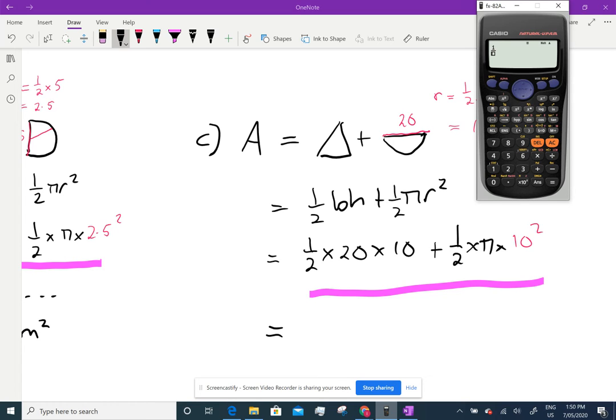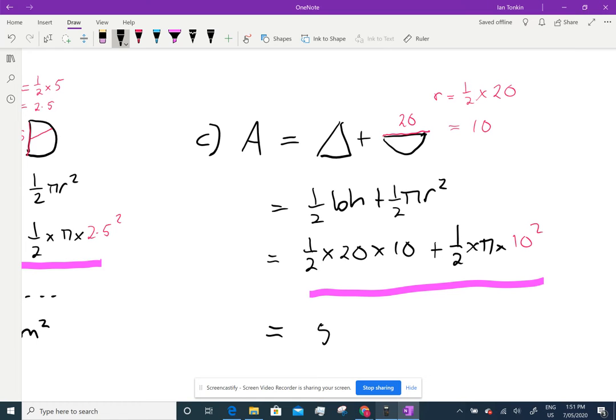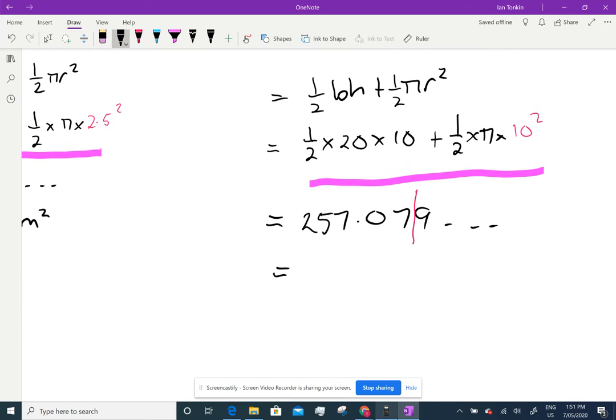A half times 20 times 10 plus a half times pi times 10 squared. 257.079... I'm drawing a red line there because I have to round to two decimal places.